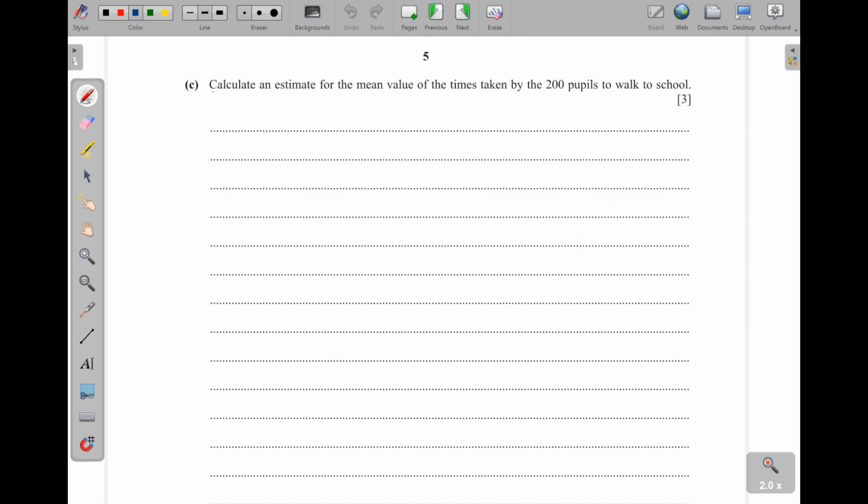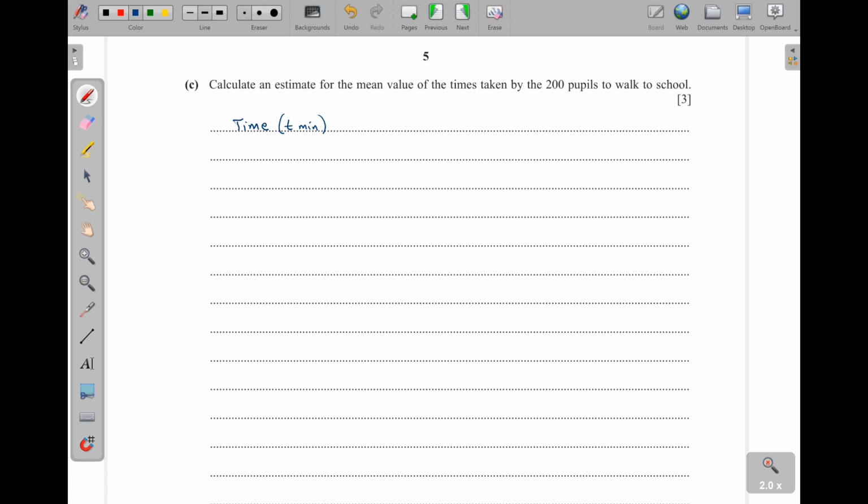But they want us to calculate an estimate for the mean value of the times taken by the 200 people. Now you realize that we were given the cumulative frequencies, not the frequencies. So we need to find the frequencies, then the x values, and then the fx, for the mean. So I can put them clearly here, the time, which is t minutes.